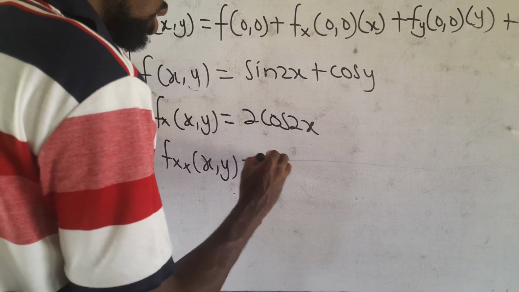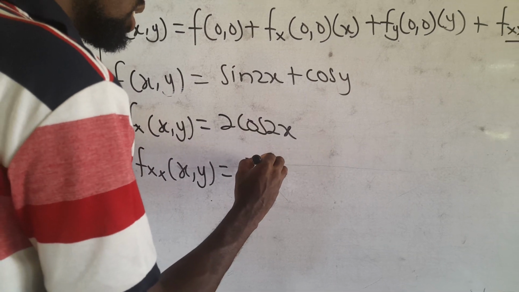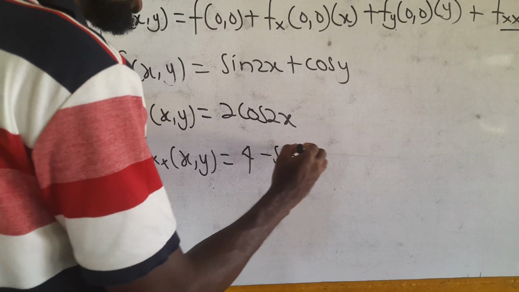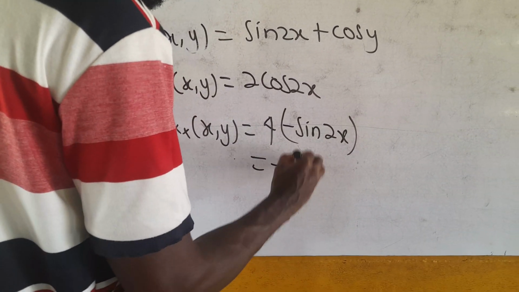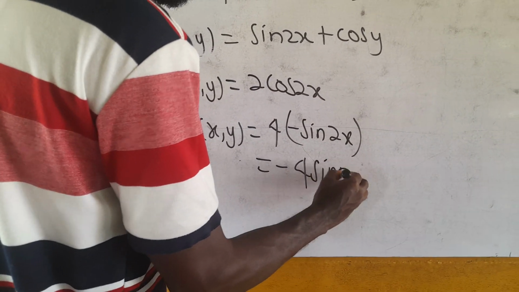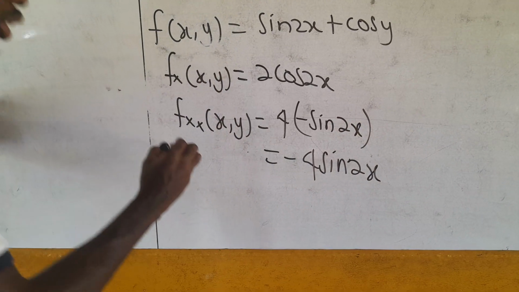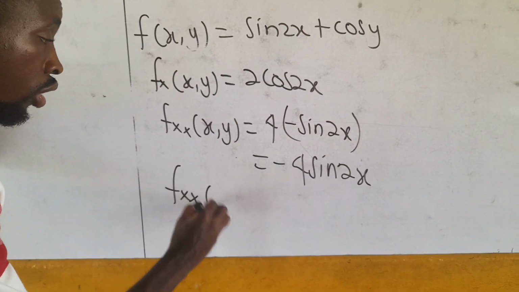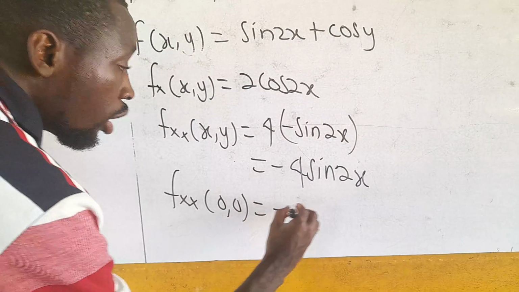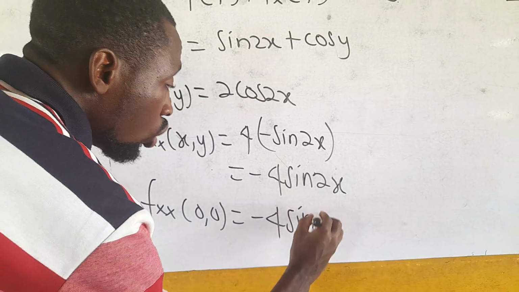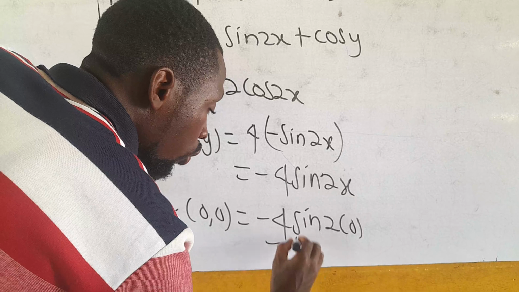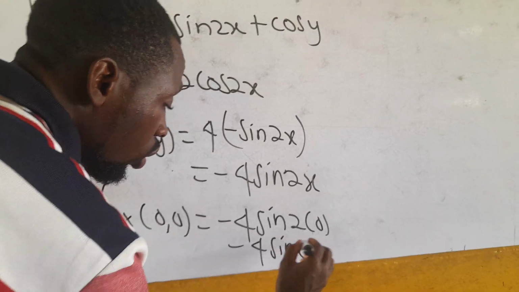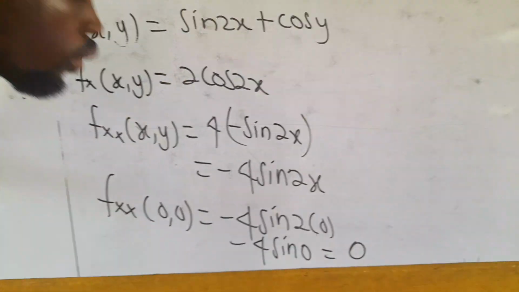We use it to multiply, we'll get 4. The differential of cos is negative sine, so negative sine 2x. On polishing this very well, we'll get negative 4 sine 2x. Now centered at 0, 0, that will be negative 4 sine 2 times 0. 2 times 0 is 0. 4 sine 0. Sine 0 is 0, times 4 will still be 0.